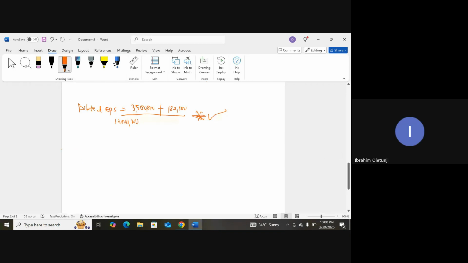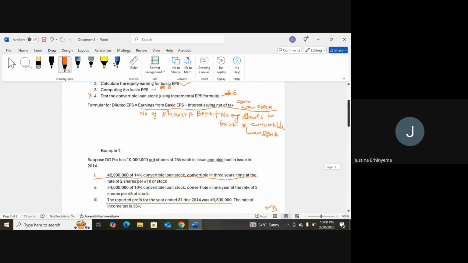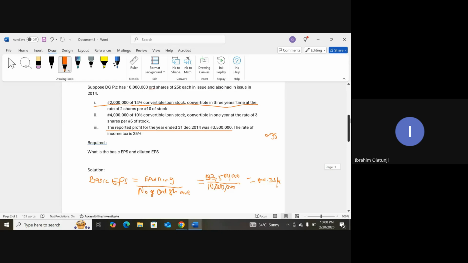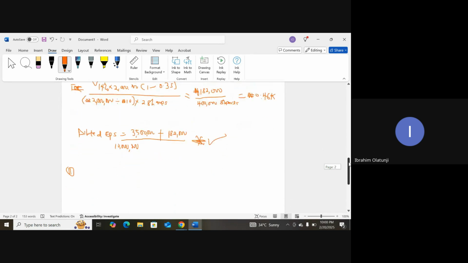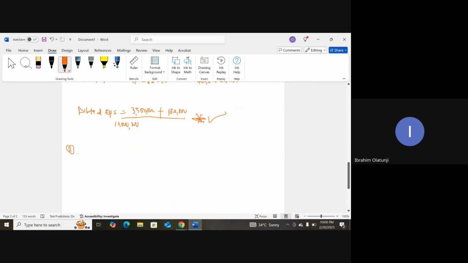So we now move to Roman figure 2. I think we can try this one. That Roman figure 2 is a 4 million 10% convertible loan stock. Then you have to test for dilution as well. I gave you the formula.